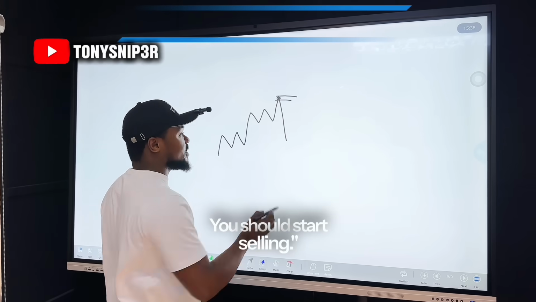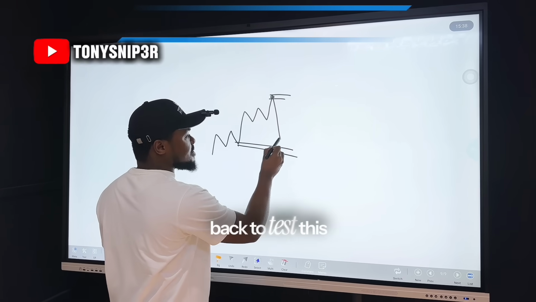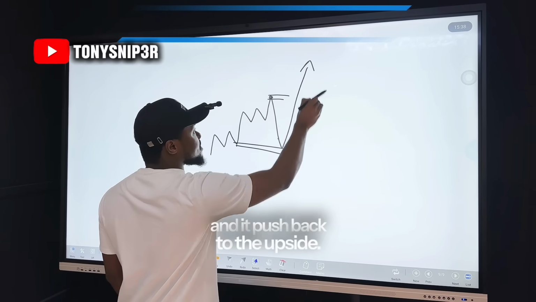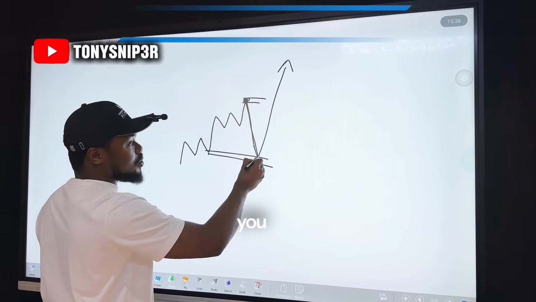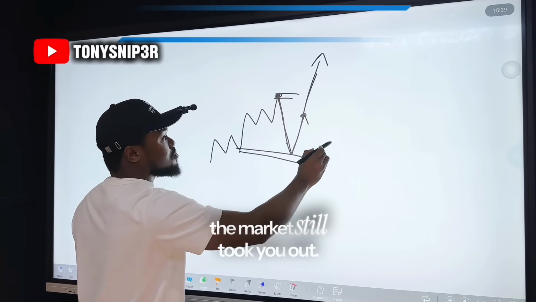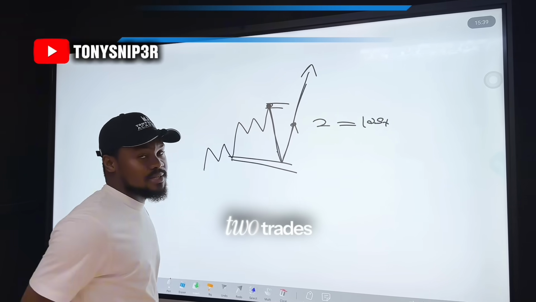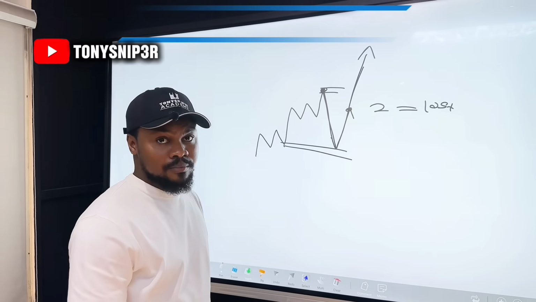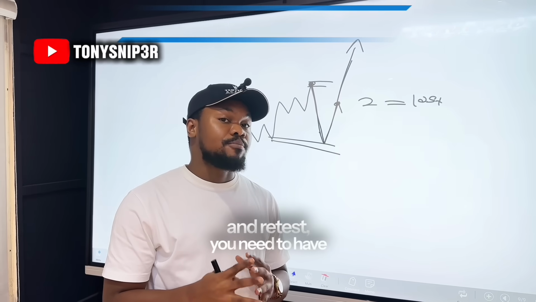You should start selling. Then you end up finding out that this market comes back to test this demand zone and pushes back to the upside. Now, you were buying here, the market took you out. You were waiting for a retest here to take a sell, the market still took you out. Meaning what? You've lost 2 trades ASAP.